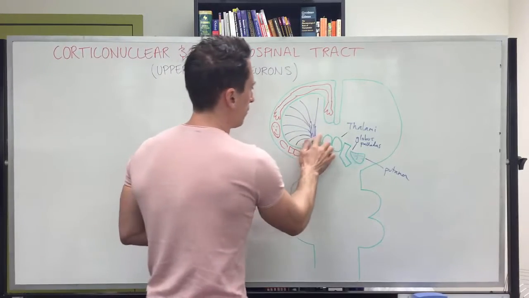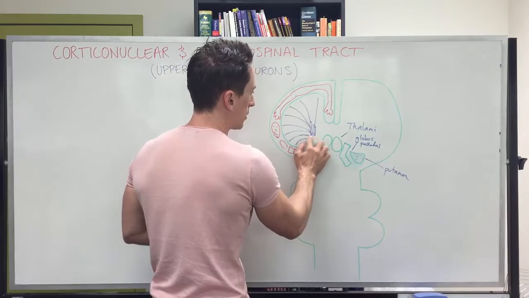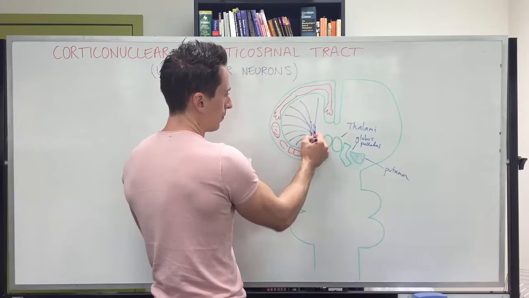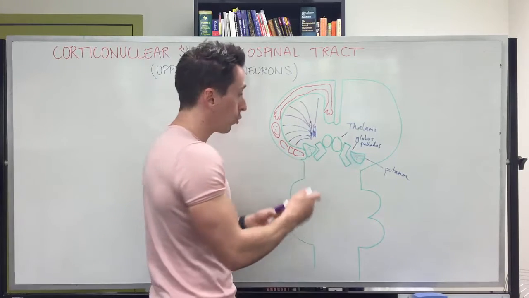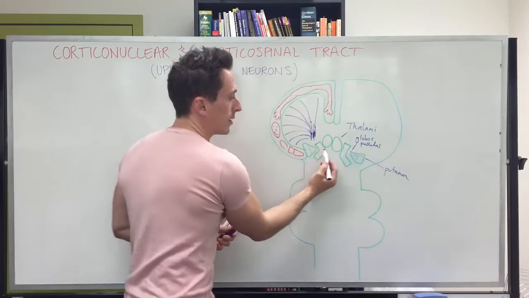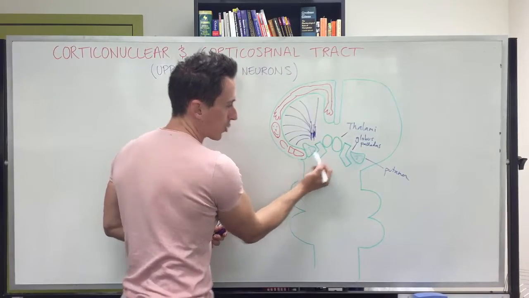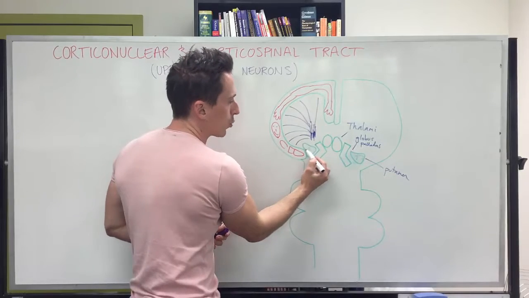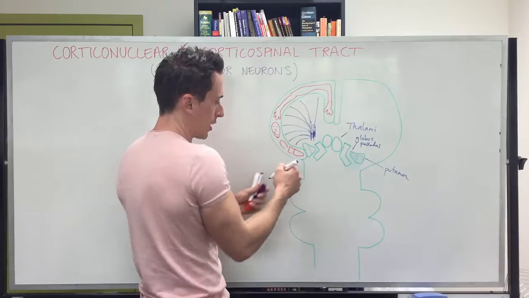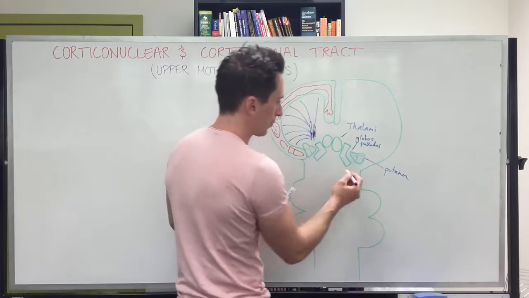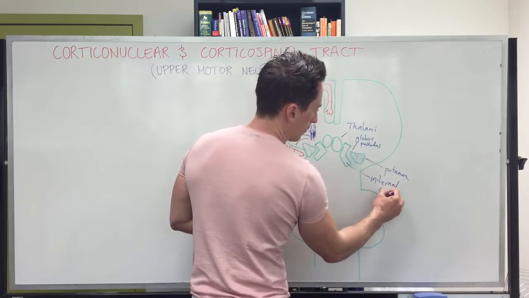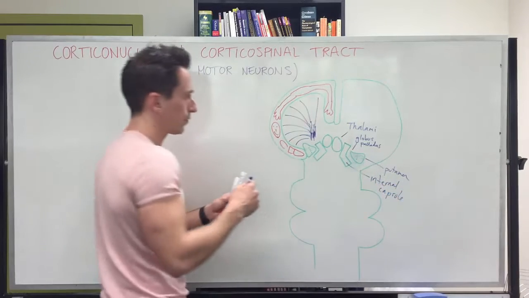Now this is important. I'll tell you why: all these radiating fibers that are now coming together need to descend, and they descend through this little structure here. They descend down between the globus pallidus putamen and the thalamus via this little structure called the internal capsule.